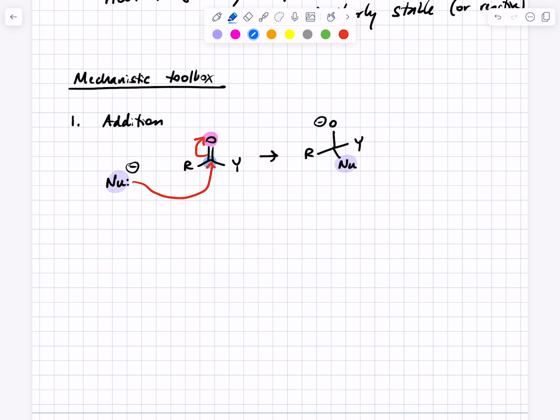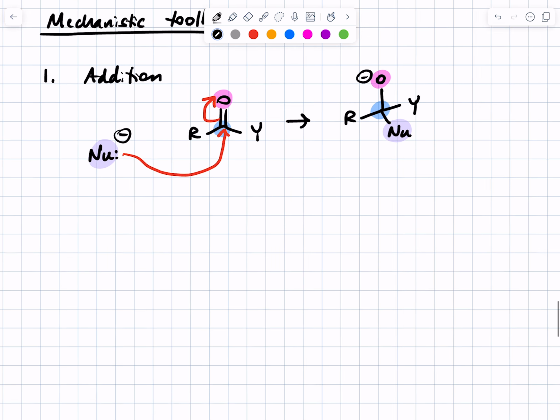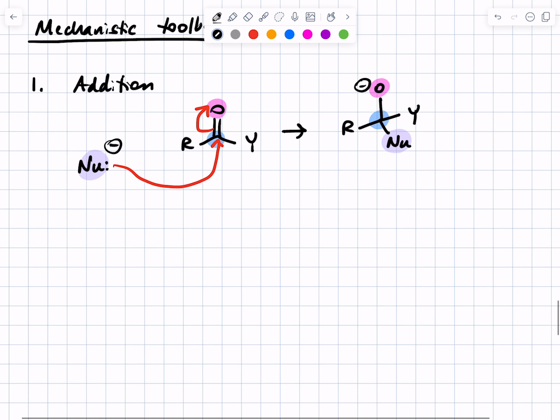And with each of these fundamental mechanistic steps, you can understand them with the overall paradigm of HOMO attacks LUMO. The HOMO on the nucleophile, which in this case is lone pair electrons, attacks the LUMO on the electrophile, which is in this case the carbon-oxygen pi star. Okay? That's one you need to be very familiar with.